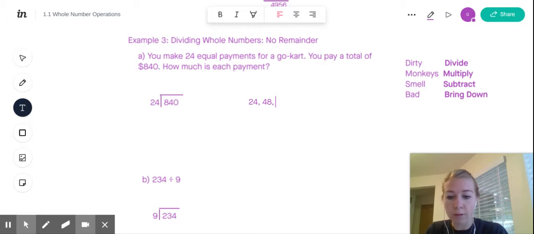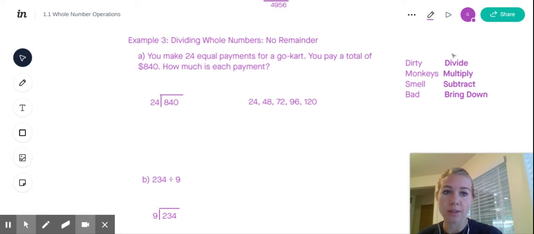Add another 24 would be 72. Add another one is 96. And add another one is 120. Now, 24 isn't on your multiplication chart, so you could use a calculator to add 24 over and over again, or just do the math on the side of your paper.